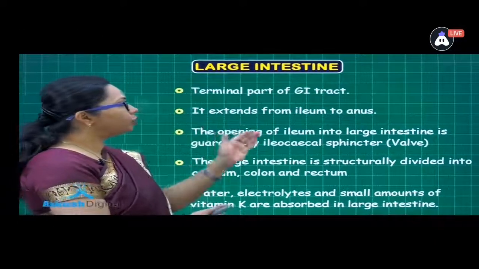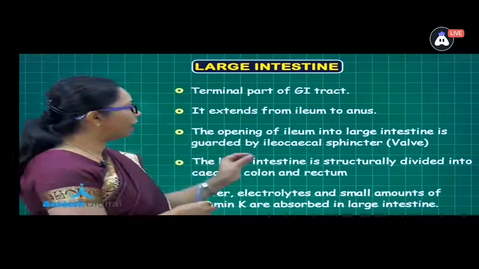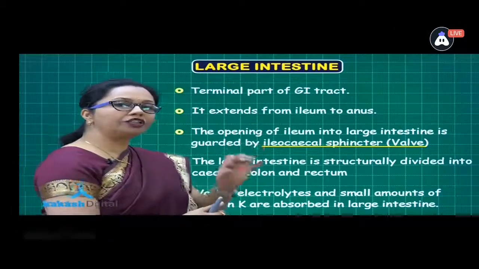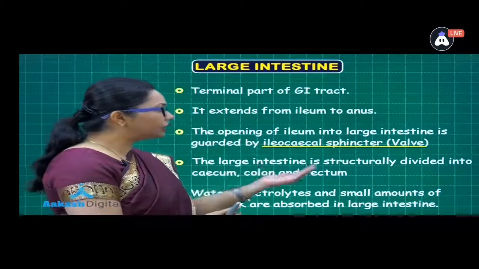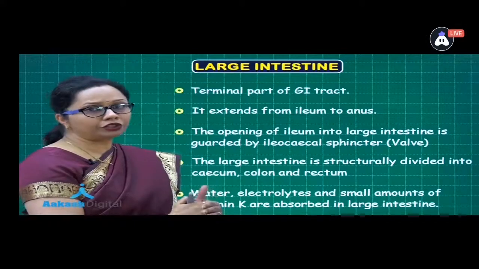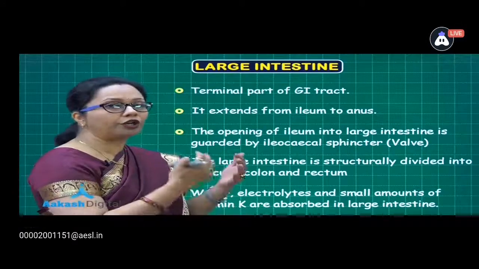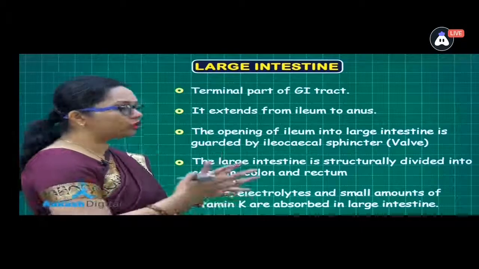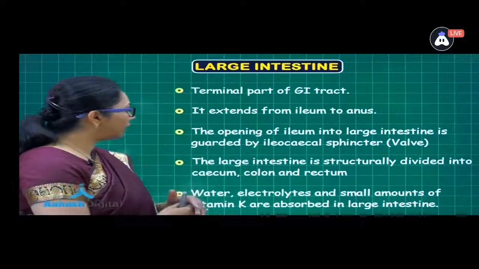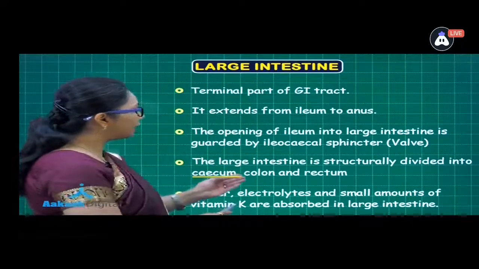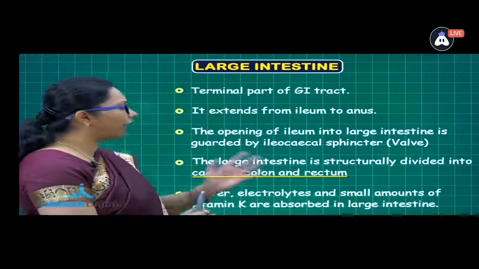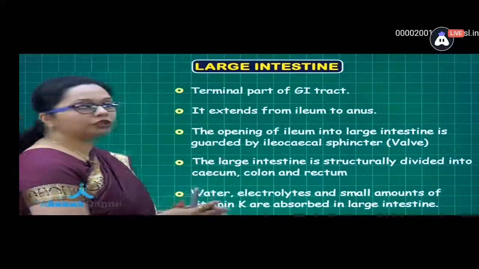The opening of the ileum into the large intestine is guarded by a valve called the ileocecal sphincter or valve, because a sphincter is made from circular muscles, and since it acts like a valve, it allows the partially digested or undigested food to move only in one direction and not return. The large intestine is structurally divided into 3 regions: the cecum, colon and rectum. In the large intestine, some water, electrolytes and small amounts of vitamin K get absorbed.